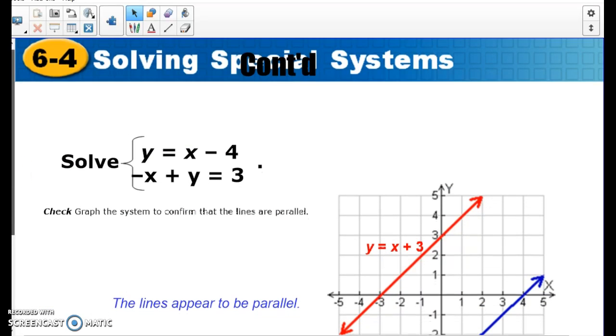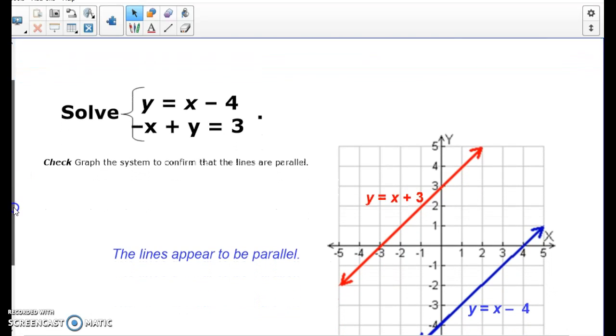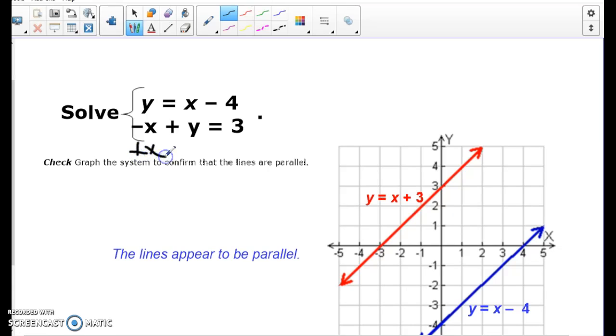So a problem like this, y equals x minus 4, and negative x plus y equals 3. Well, this one's going to end up being parallel, as we can see from our picture, but let's figure out why. It says minus x, so to make it say y equals, I would add x to both sides. So now I'm really looking at y equals x plus 3.